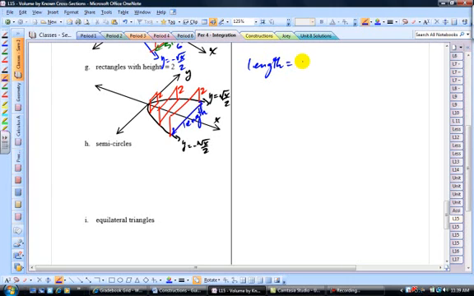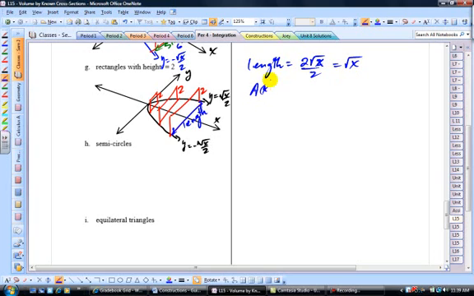Same or different from the previous example? What's changed in this example compared to the square? It switched from a square to a rectangle, so the length is the same, but the height's constant now. So remember, the length is the same. It's going to be 2 times root x divided by 2, or simply root x.